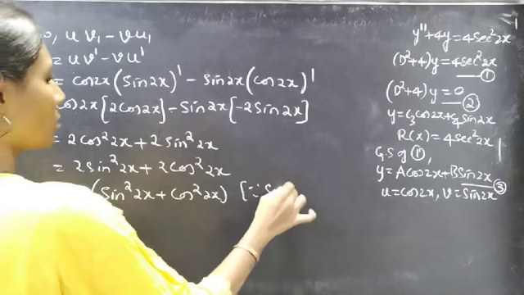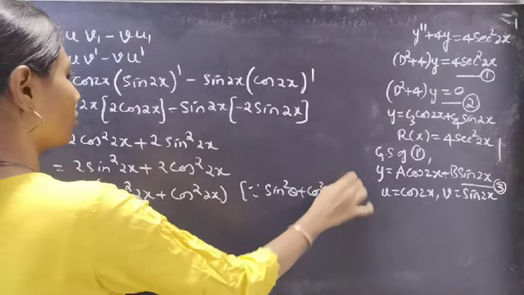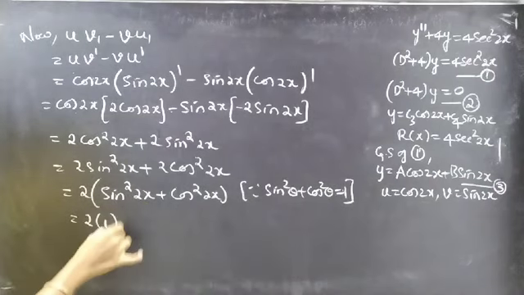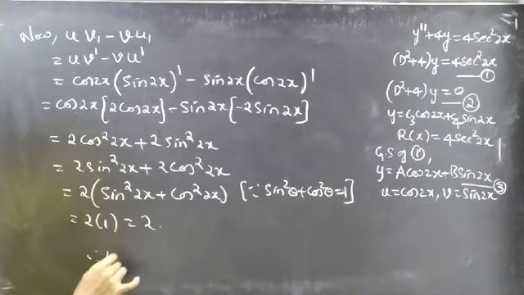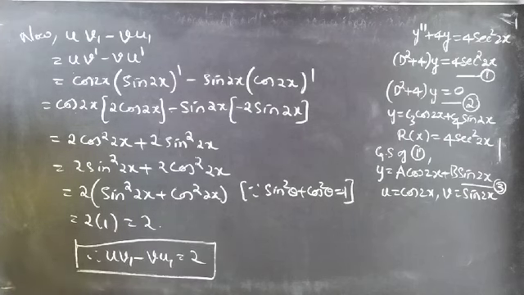Since sin square theta plus cos square theta equals 1, we replace this term with 1, and you get 2 into 1, which is 2. Therefore, uv1 minus vu1 equals 2.